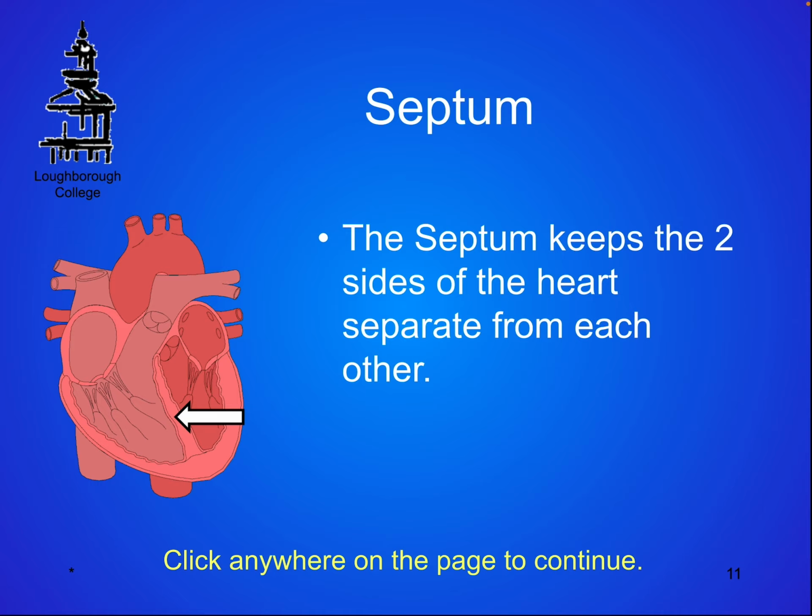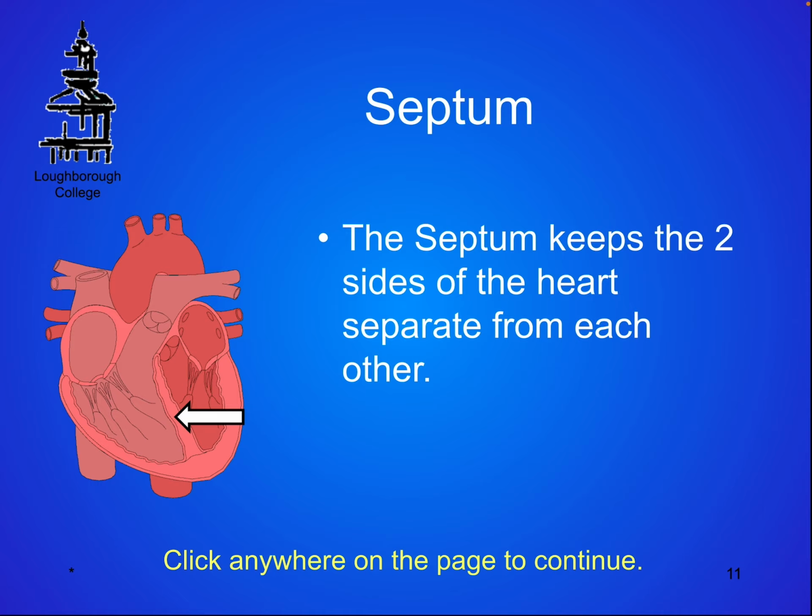So as soon as you're born, that hole in the septum covers up. But in some people that doesn't happen, and that is known as having a hole in the heart, and they have to have surgical operations to try and correct that over their life.